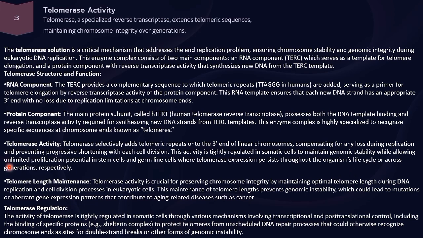So expression of telomerase is especially high in highly proliferating cells like stem cells, germline cells, and cancer cells. But in normal somatic cells, the gene which codes for telomerase is highly regulated, thus there is very low expression of the telomerase enzyme.